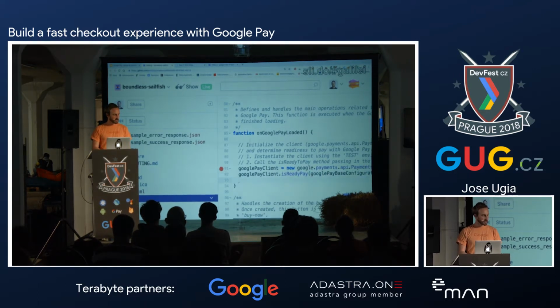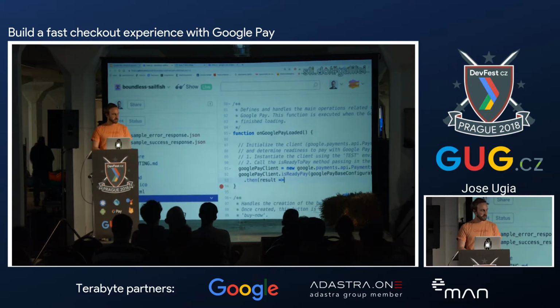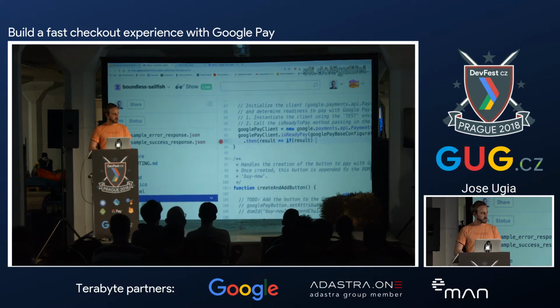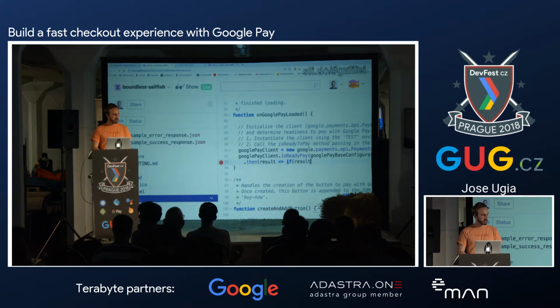Then we're going to try to resolve the promise. If that happens successfully, I'm going to catch it right in here. For now, if the result is true, we're going to go ahead and create and add the button. Just watch out that you got it wrong. It's isReadyToPay.